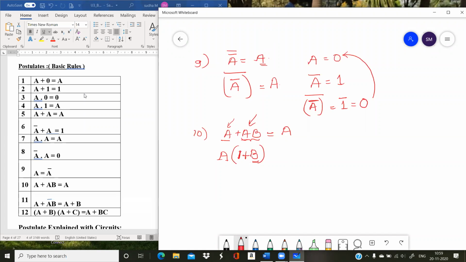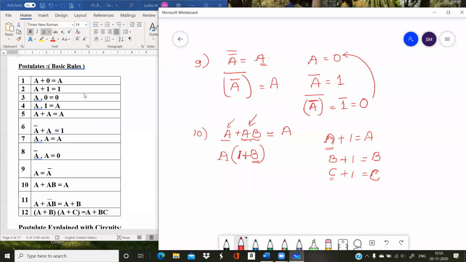Similarly, anything you can write instead of A, B also or C also. Totally, it is a variable.